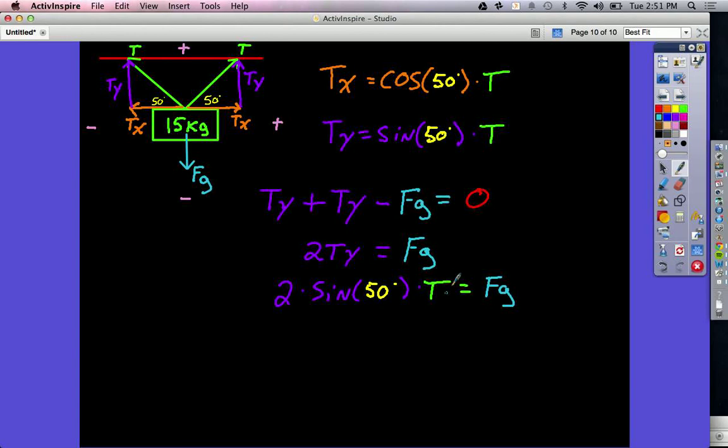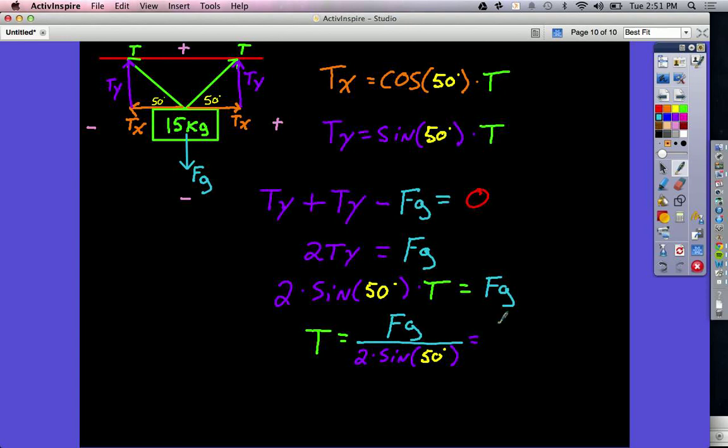Now I can actually solve for my tension. I just have to divide by 2 sine of 50 degrees. So tension is going to equal the force of gravity all over 2 times the sine of 50 degrees. And we can plug in what force of gravity is very easily.